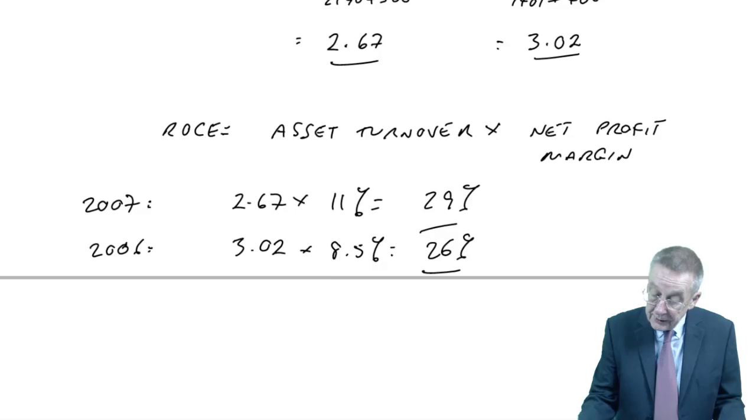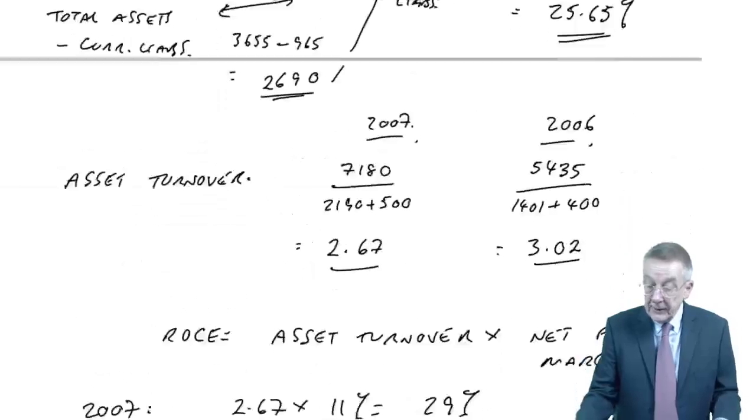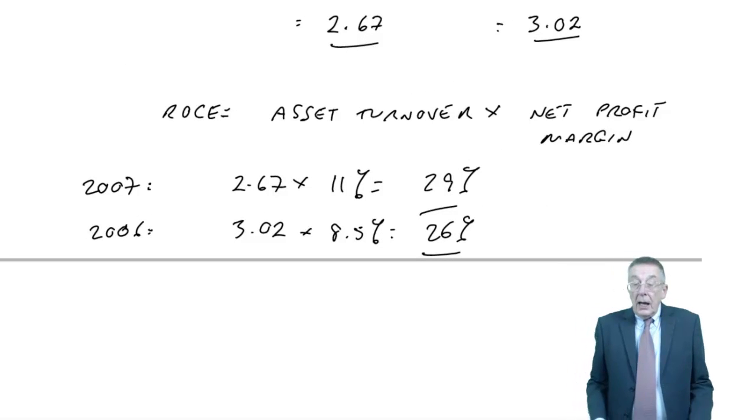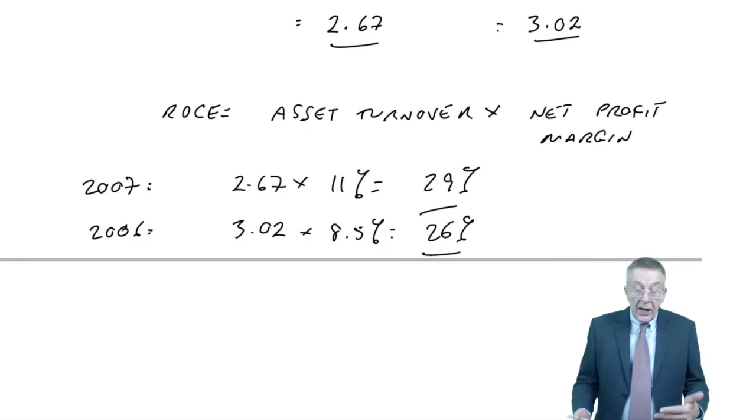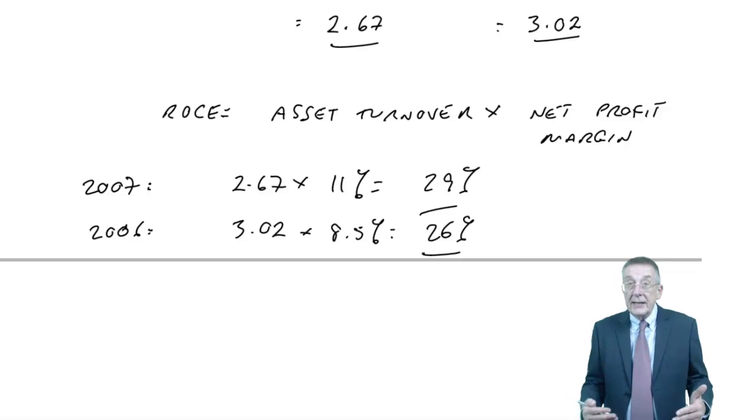And again, was that what we got? Return on capital 25.65, 26%. Yeah. So I'm repeating what I said, I appreciate, but we want always the return on capital to increase.